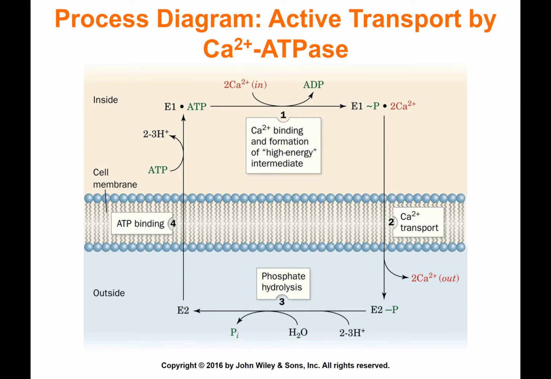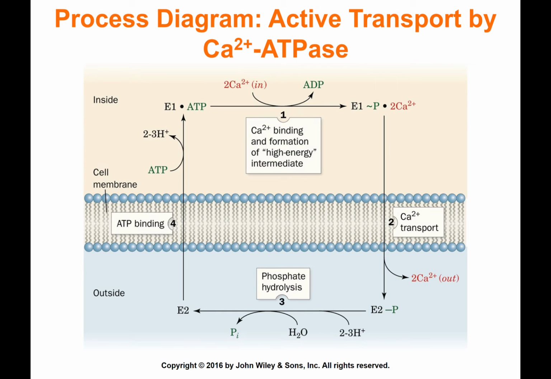One of the conformations, the E1 in this case, will bind to ATP. It will bind the ions that are going to be transported. In this case, this particular pump is trying to pump calcium outside of the cell.